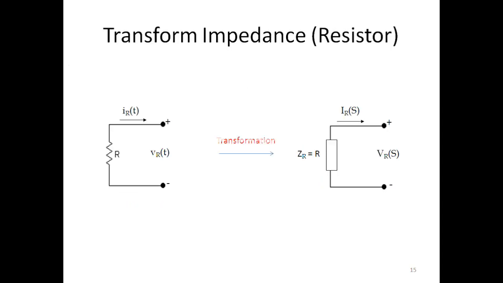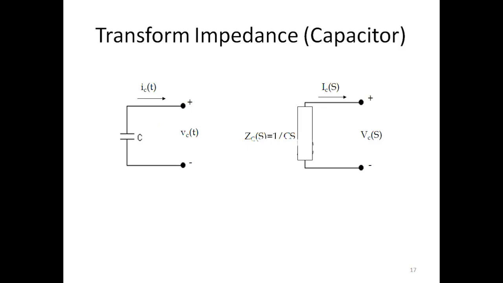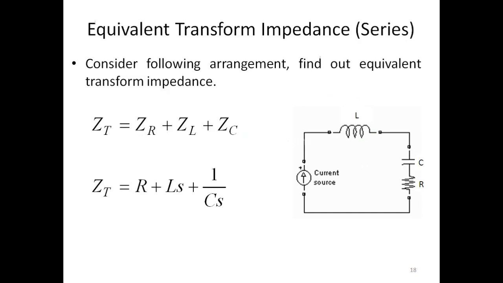So the transform impedance for resistance remains as R, but for inductor instead of L it must be Ls, and for capacitor instead of C it must be 1/Cs. If R, L, C are connected in series, then the equivalent transform impedance is nothing but impedance across R plus impedance across L plus impedance across C. So total impedance is equal to R plus Ls plus 1/Cs.